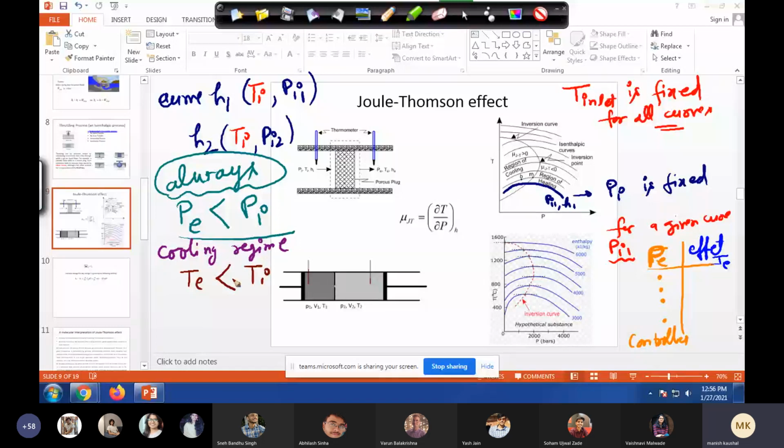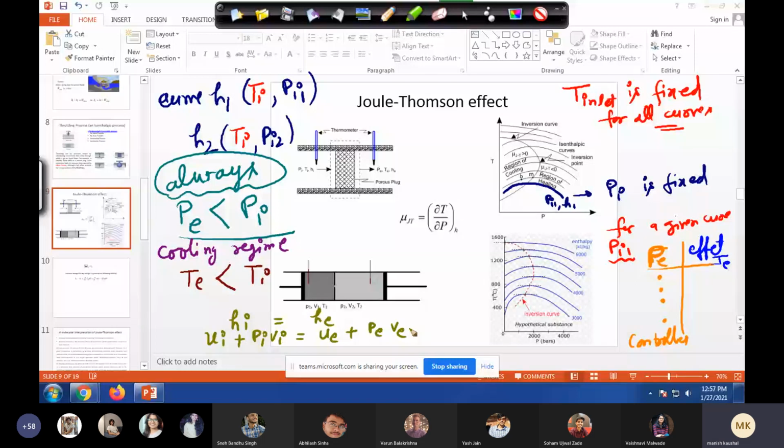That's what we said. Now, what we are trying to figure out is why it happens mathematically, and we are saying that H inlet is H exit. It means Ui plus Pi Vi is equal to U exit plus P exit V exit.